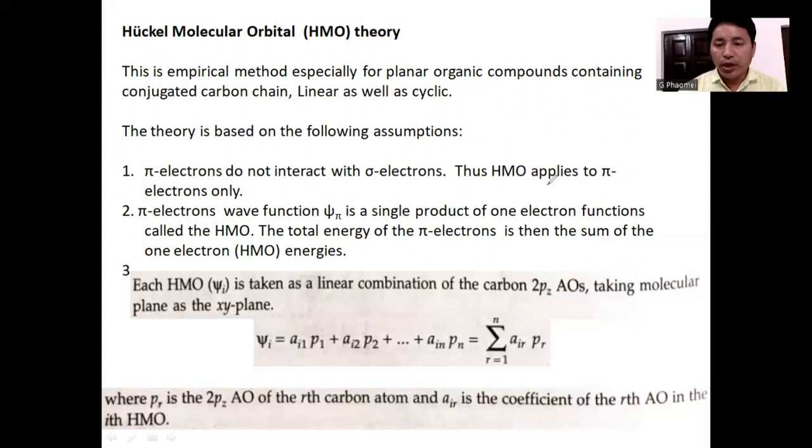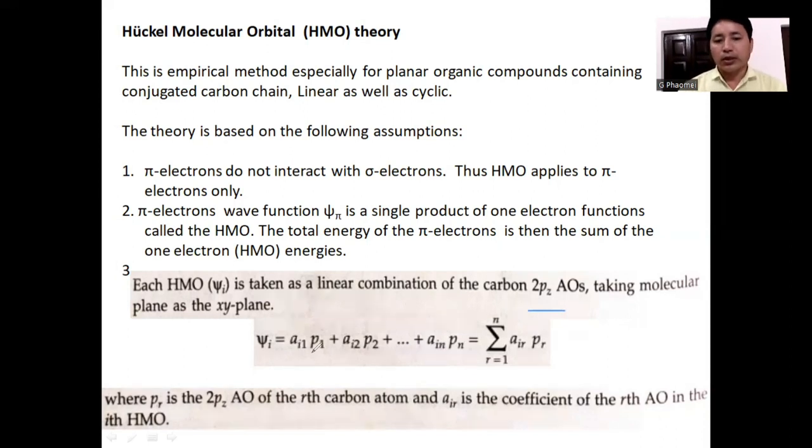And number three, each of these Hückel molecular orbitals, the wave function of the Hückel molecular orbital, is taken as a linear combination of the carbons' 2pz atomic orbitals. It is given here. Taking the molecular plane as the xy plane, that means along z only, it takes the 2pz as the wave functions.